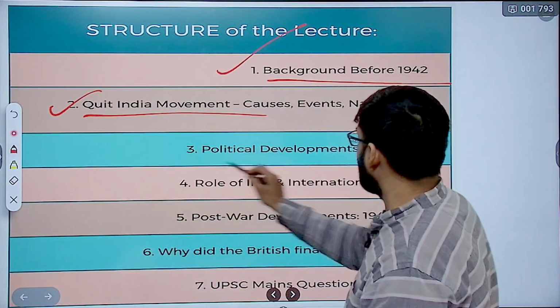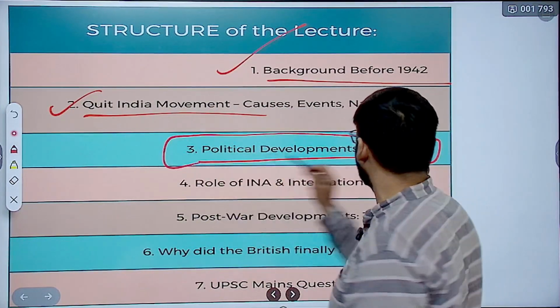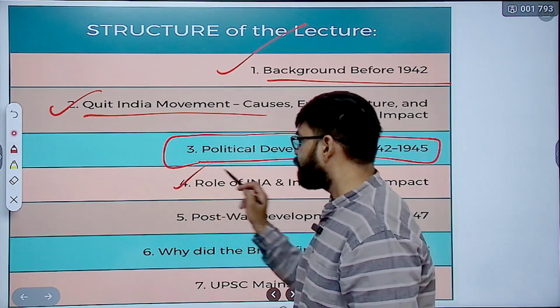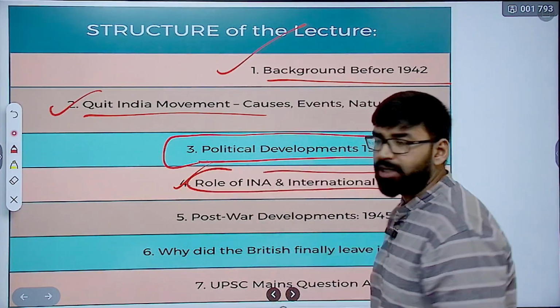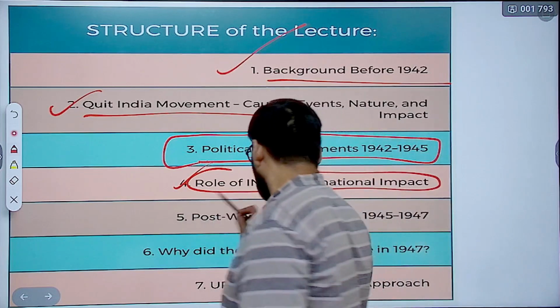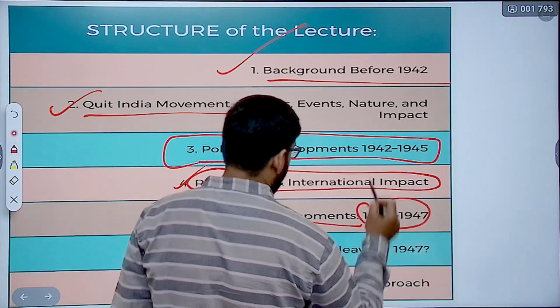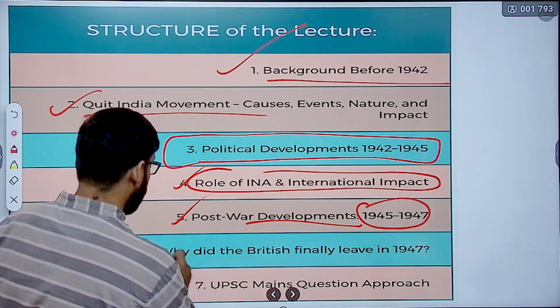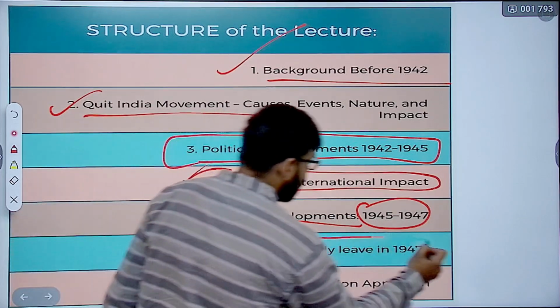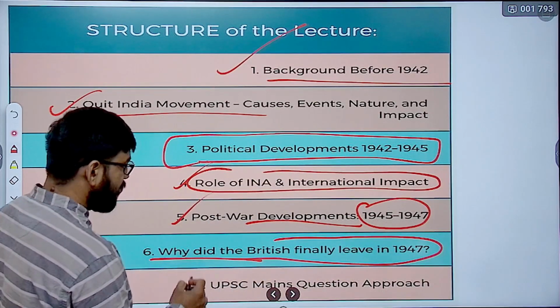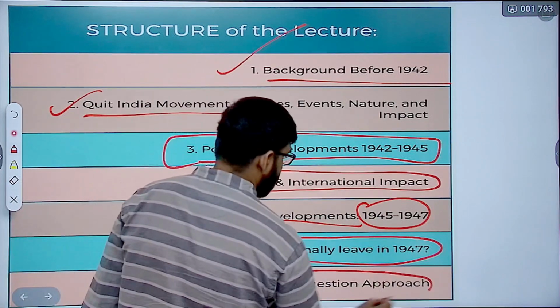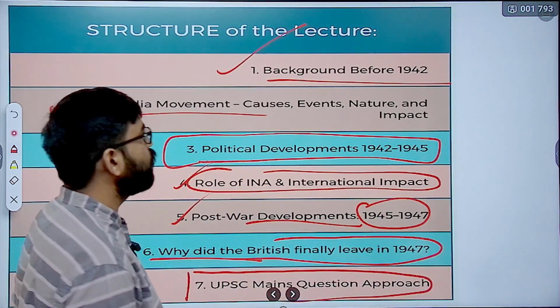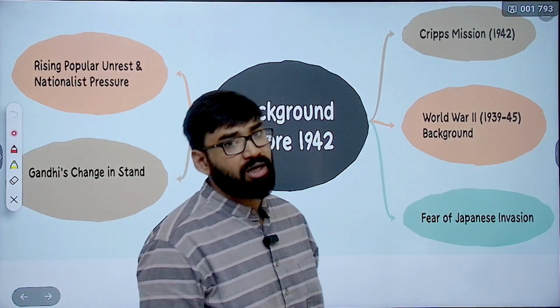Third, political developments 1942 to 45, role of INA and international impact. Then post-war developments 1945 to 47. Then why did the British finally leave in 1947? And then the UPSC mains question approach. So we are going to cover this topic holistically.